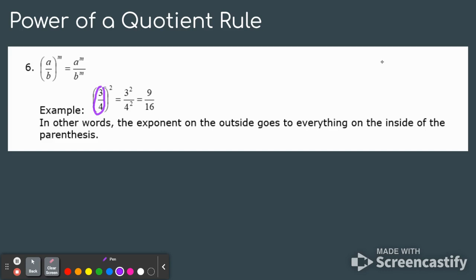So I am multiplying 2 times 1, and down here 2 times 1 again. So I'm getting 3 squared over 4 squared, which is 9 over 16. Just remember that whatever you do to the top, you do it to the bottom. Those parentheses are telling me that the exponent is going to go to everything inside of it.